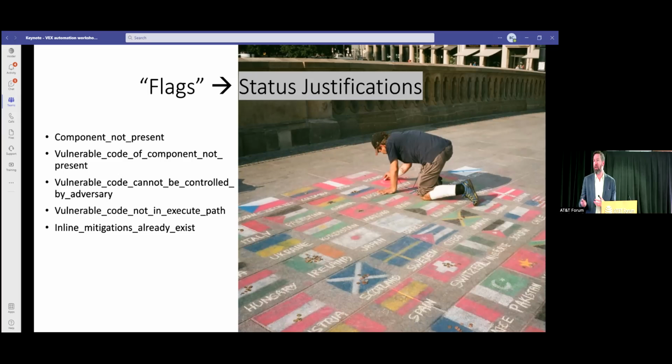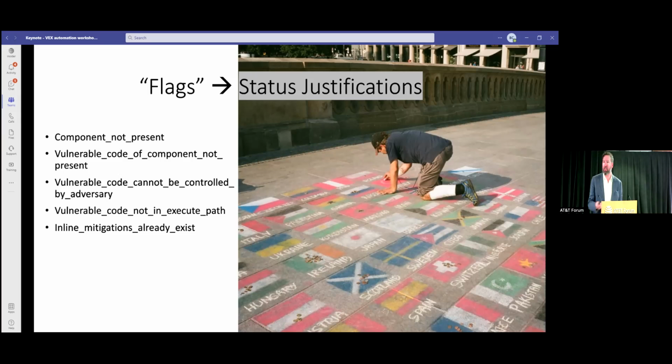And then we get to some of the harder pieces. So code cannot be controlled by the adversary. So yes, it's in there, but it's in a chunk that simply the adversary can't touch, or it's not in the execute path, right? So it's the code is called from a function, from a conditional, but that conditional will always go one way.